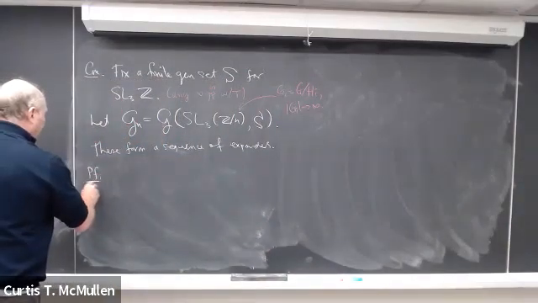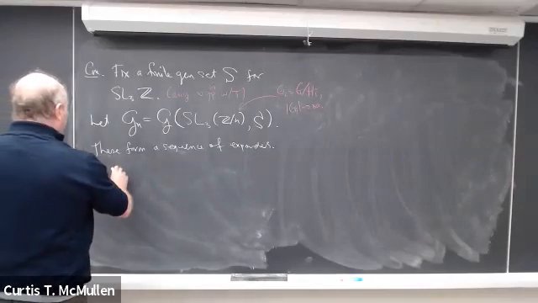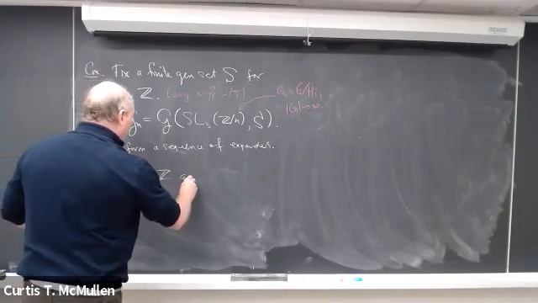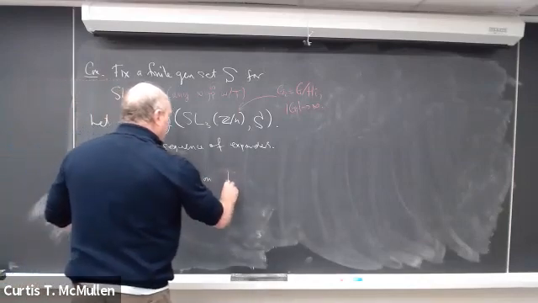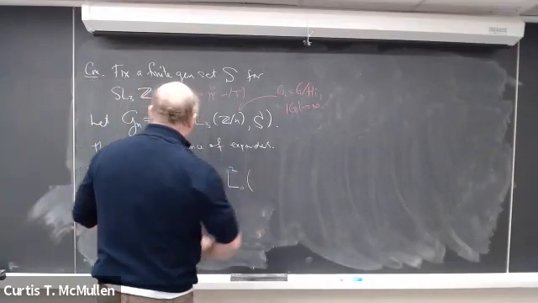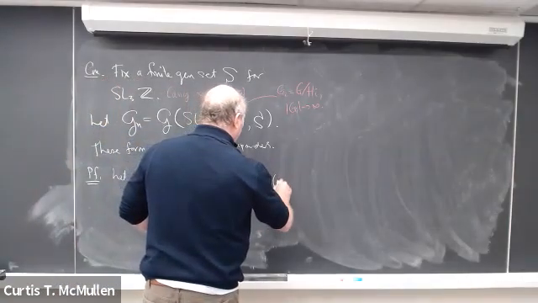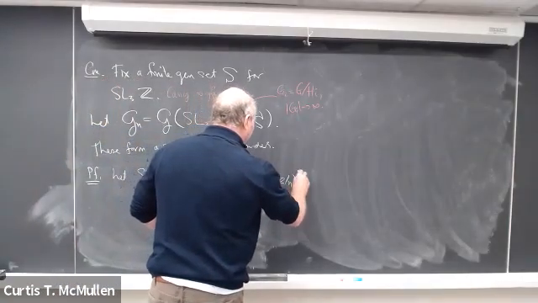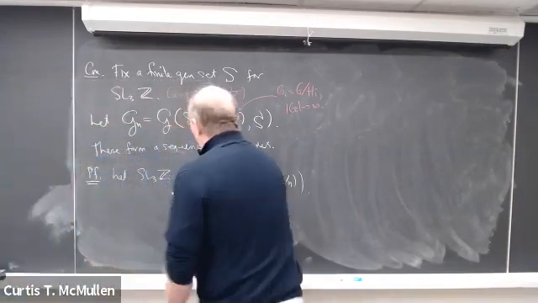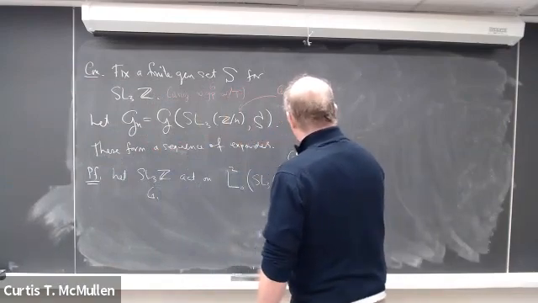So the proof is, and it's kind of cool, we let SL3Z act on L2 zero of SL3Z mod n. So if we call this group G, this is of course the quotient of G by a normal subgroup.